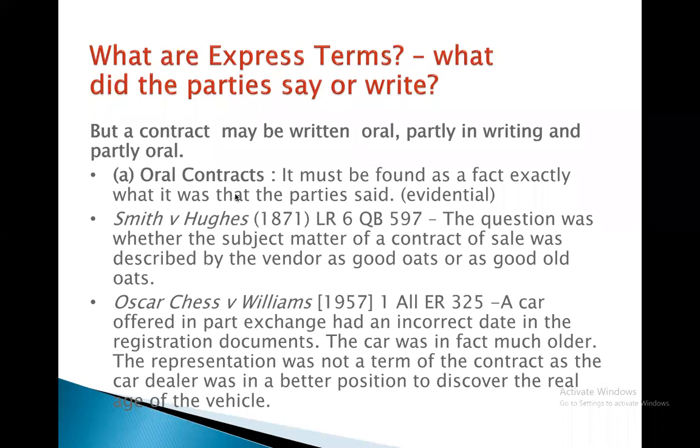Very interesting case. A car was offered in part exchange. If you look at the registration documents, it had incorrect dates. The truth of the matter was that the car was much older than the date stated in the registration document.